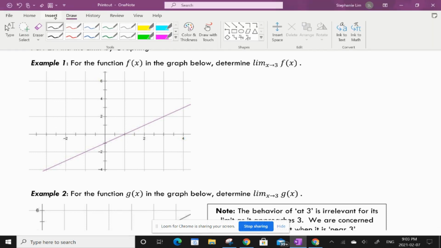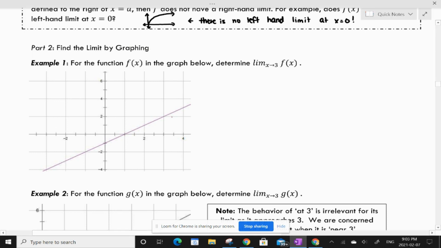If I take a look this way, I'm going to first deal with my red portion. As my graph goes and x is approaching 3, my function is approaching a y value of 2. So the limit as x approaches 3 from the left-hand side for my function is equal to 2.